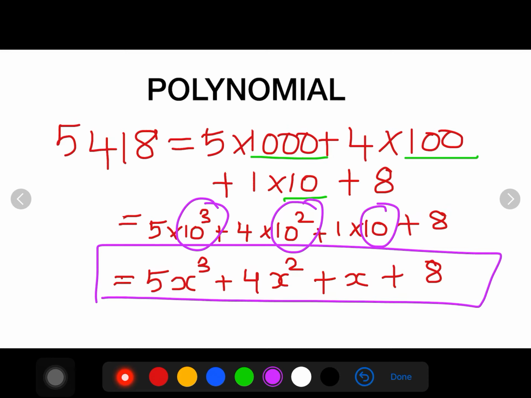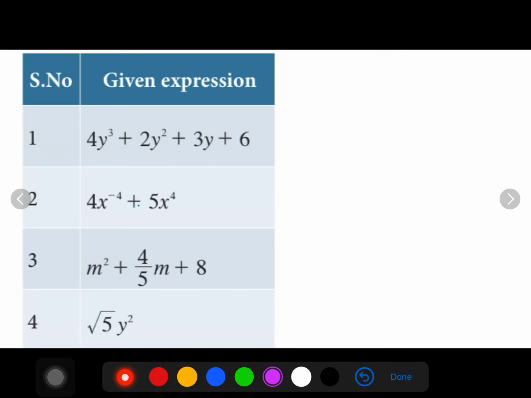It might look similar to an algebraic expression. Actually, a polynomial is also an algebraic expression, but the thing which differs in a polynomial is the power. An algebraic expression can have an irrational number in its parts, but a polynomial will not have that. So that you need to understand.